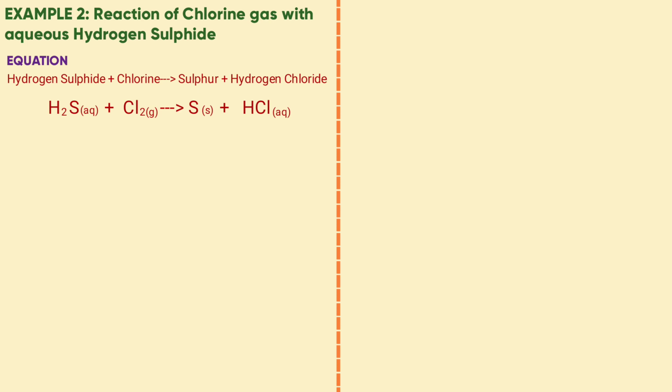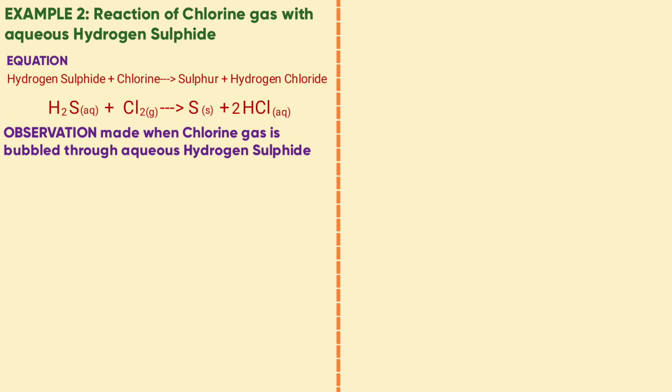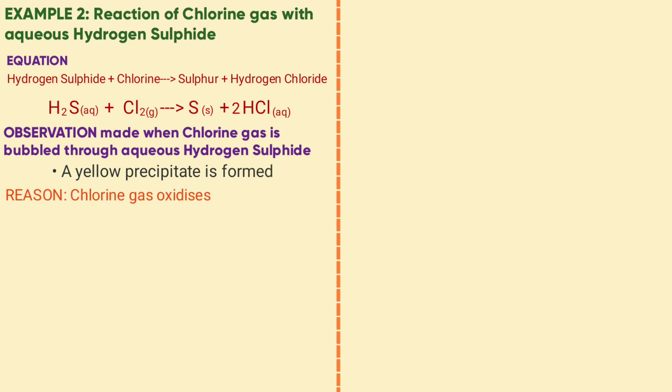Now, the observation made when chlorine is bubbled through hydrogen sulfide solution: a yellow precipitate is formed. Reason: chlorine gas oxidizes sulfide ions to yellow sulfur while itself being reduced to hydrogen chloride.